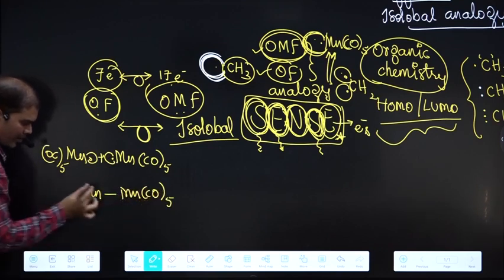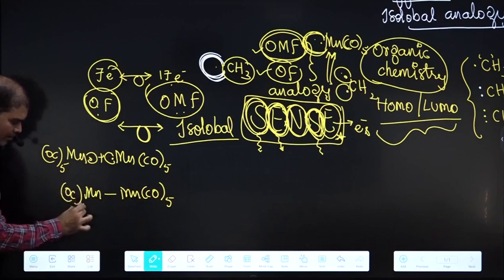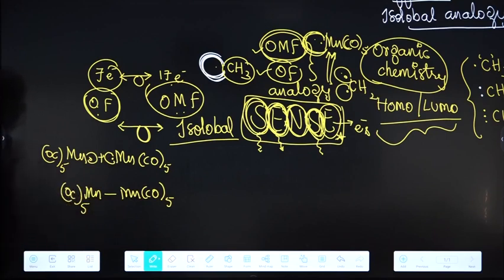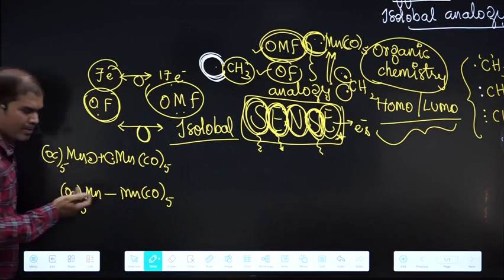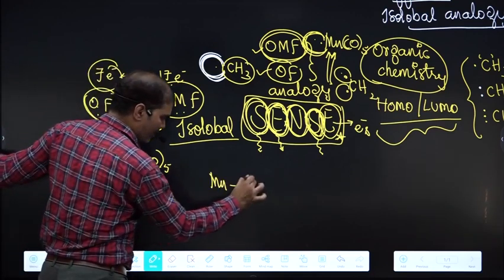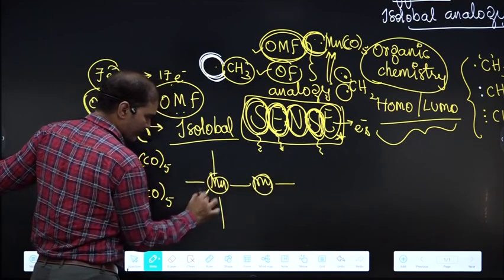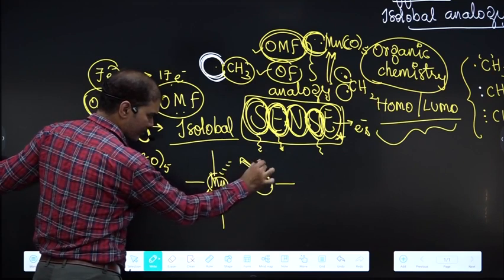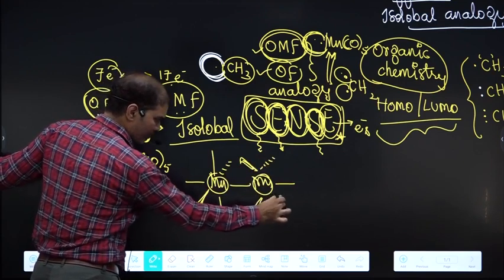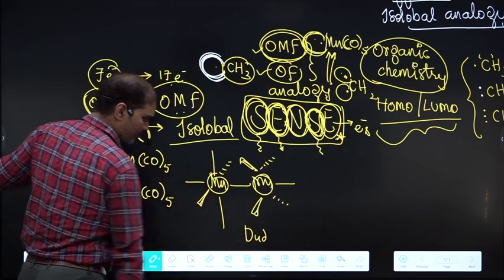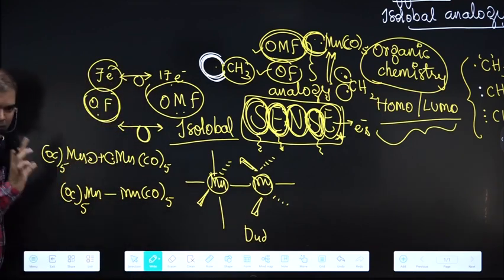Now in reality, do you have Mn2(CO)10? We have it. We have done the point group also. Do you remember? Mn2(CO)10. Forgot? The point group is D4d. So Mn2(CO)10 is also existing.